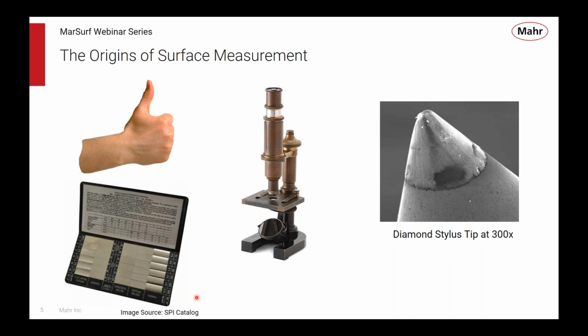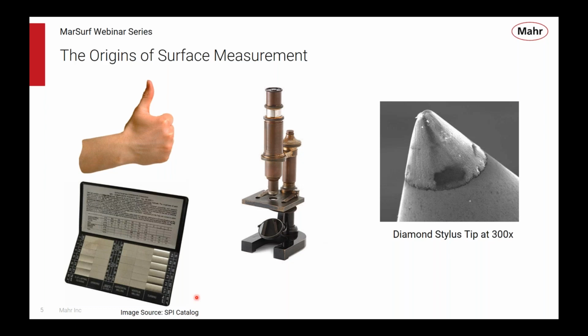And it became a little bit more scientific, became a bit of a judgment call as you looked at a surface to say, well, I see kind of a turning pattern on the surface and the peaks look to be spaced out about this much. You didn't have necessarily great idea of the depth of the grooves, but you could sort of see something on the surface, maybe a little bit better than you could feel with your thumbnail. And that became kind of typical.